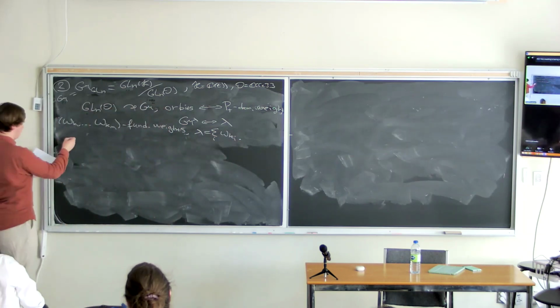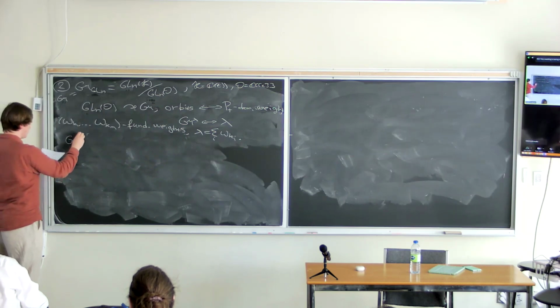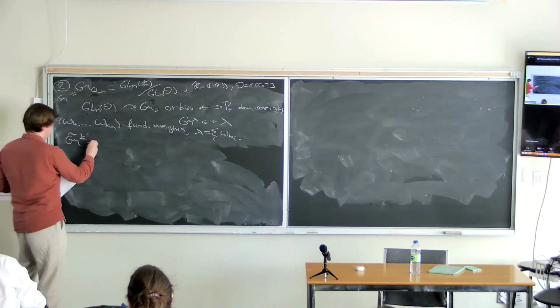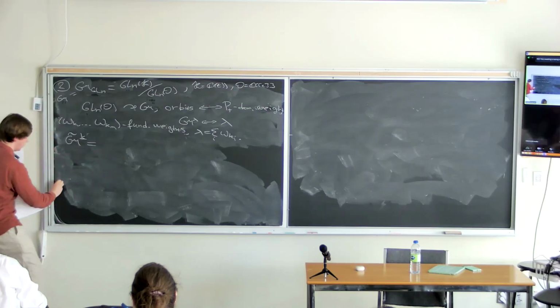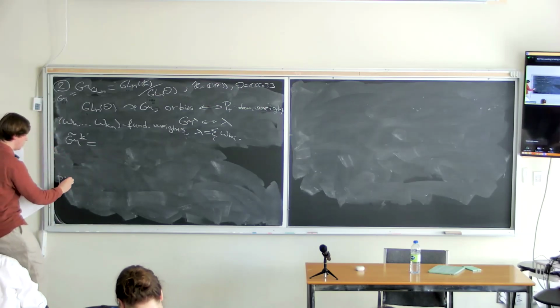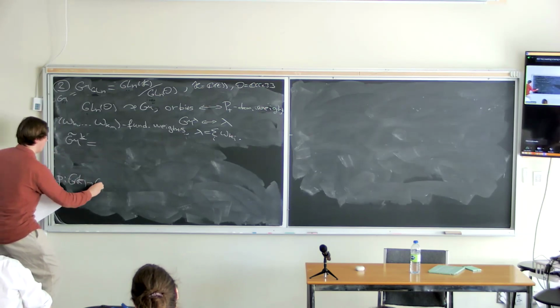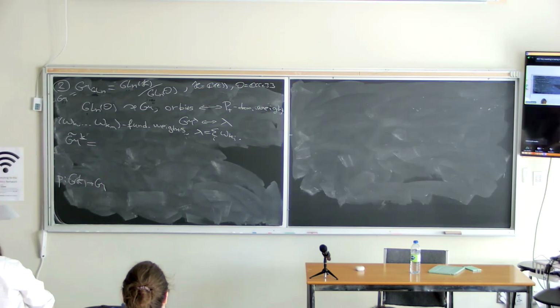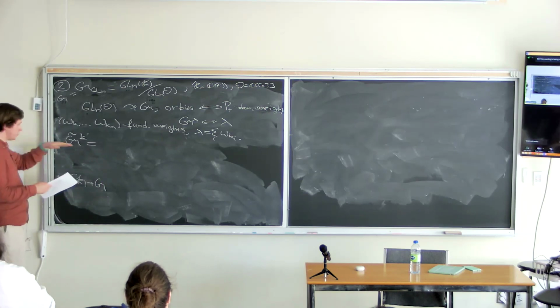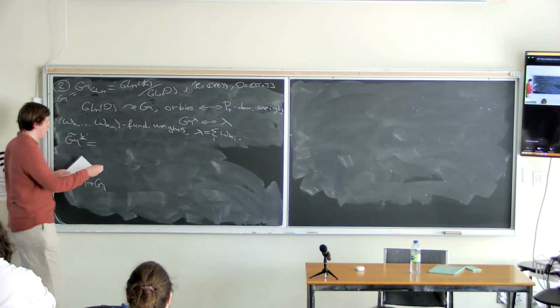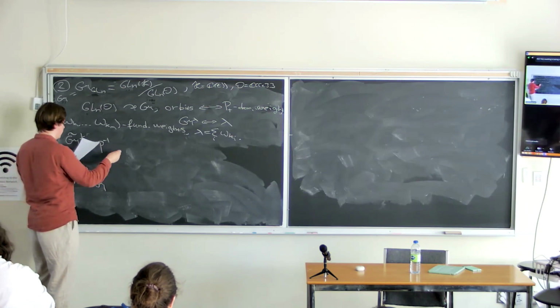Then let me form the following variety called the convolution diagram. Here I will use the notation P for the canonical projection from G of K to the affine Grassmannian. And this convolution diagram is defined as follows.